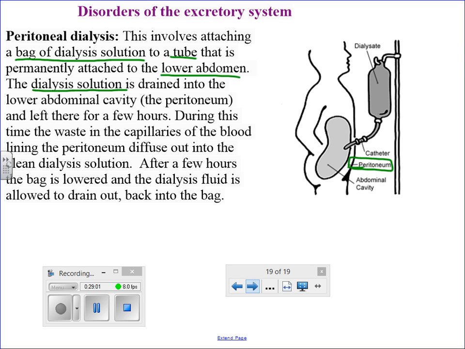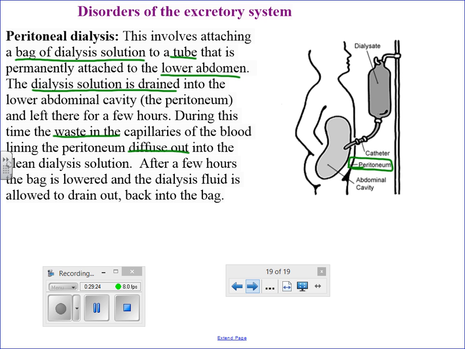What happens is you take the dialysis solution and you drain it into your abdominal cavity. So this would mean literally filling up your abdominal cavity with fluid. So not comfortable or preferable as a long-term solution usually. And it's left there for a few hours. During this time, waste diffuses out.